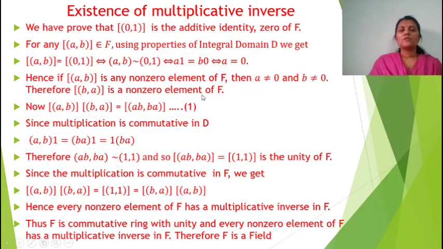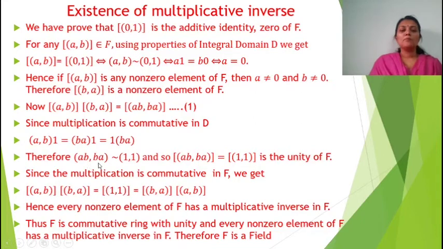First we have to take the non-zero element. For that purpose we use this formula. Now compute (a,b)·(b,a), which is equal to (ab, ba). Since multiplication is commutative in D, ab·1 = ba·1 = 1·ba.